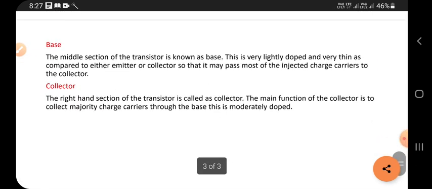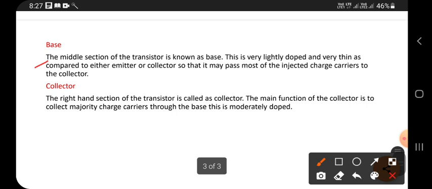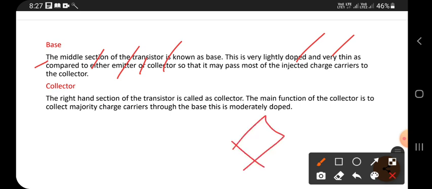Next, the base. The middle section of the transistor is known as the base. This is very lightly doped and very thin as compared to either the emitter or the collector. If you compare it with the collector or emitter, its size is small and the doping is also less.